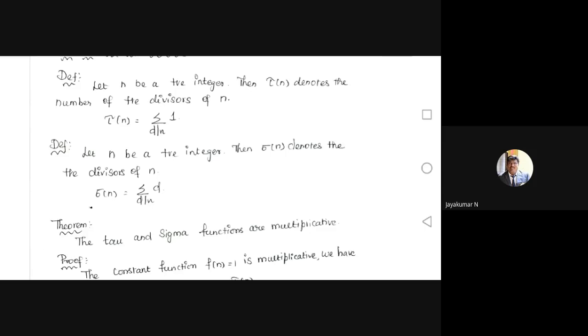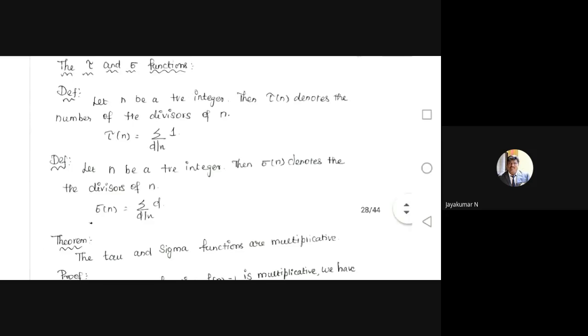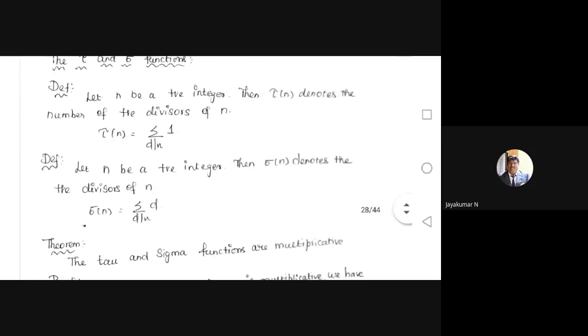So sigma of n is the summation over d dividing n of d. So simply, tau of n means the number of divisors of n, how many divisors are dividing the given n. Then the summation of the divisors of n is given by sigma of n.